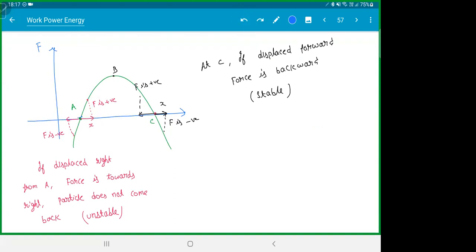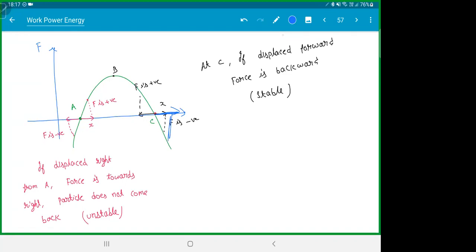If you go behind, X is negative, F is also negative. Means whichever direction you push, force is in the same direction, so you'll never come back. If you want to come back, the displacement and force should be opposite, isn't it? So at point C, if you go forward, displacement is positive, but force is negative.